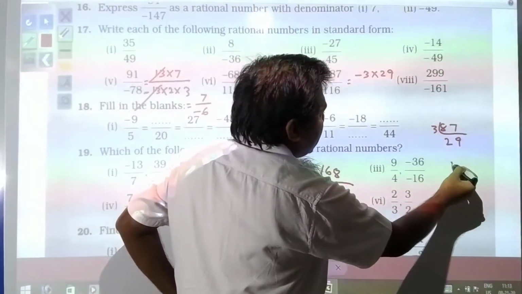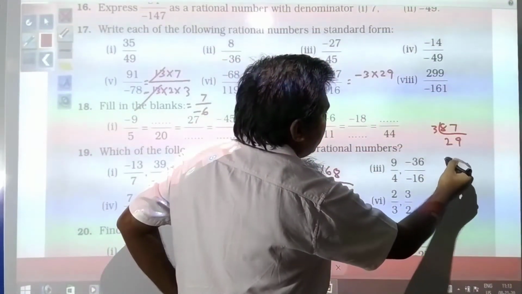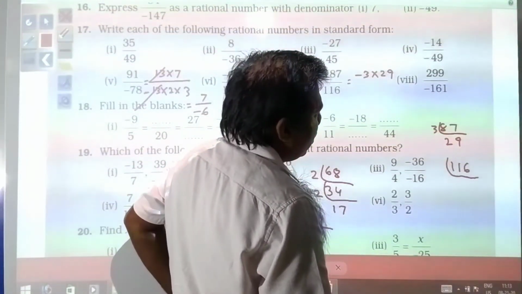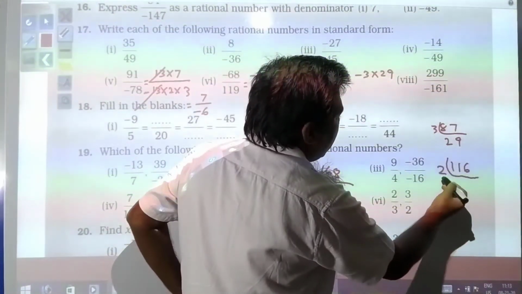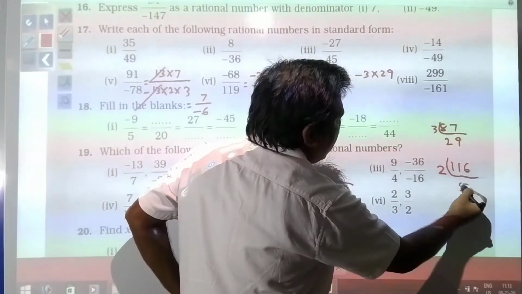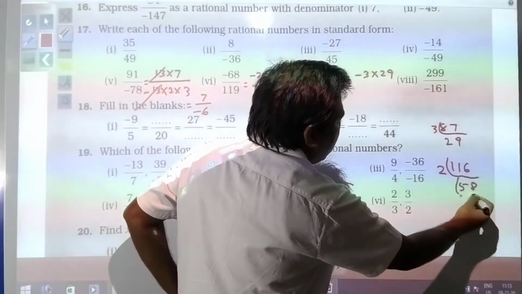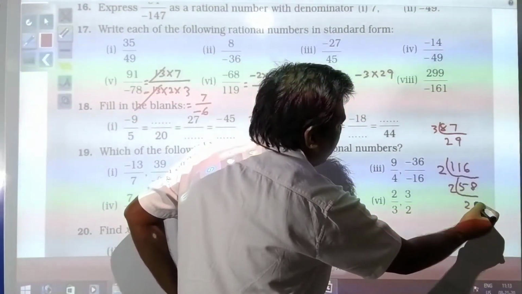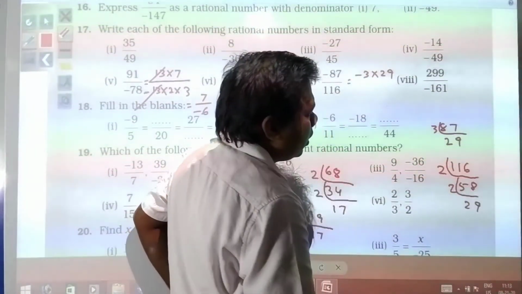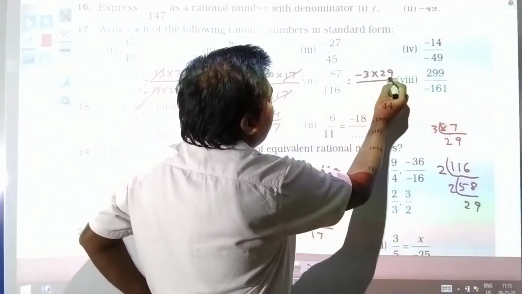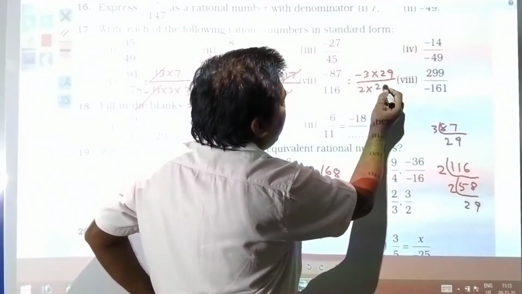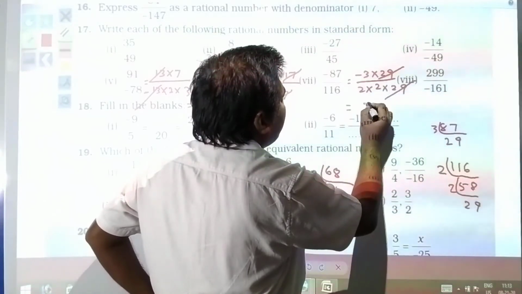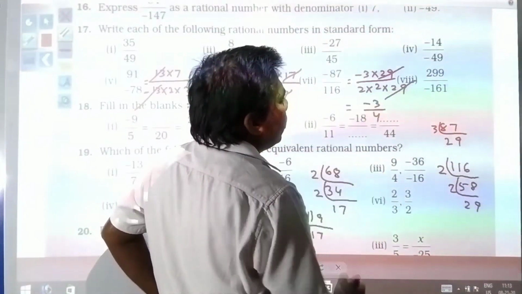And 116 you have, so just you see, by 2 you take, 2 5s are 10, 2 8s are 16, and 2 2s are 4, 2 9s are 18. So this will be 2 into 29. This will be cancelled, and you will be left with minus 3 by 4.